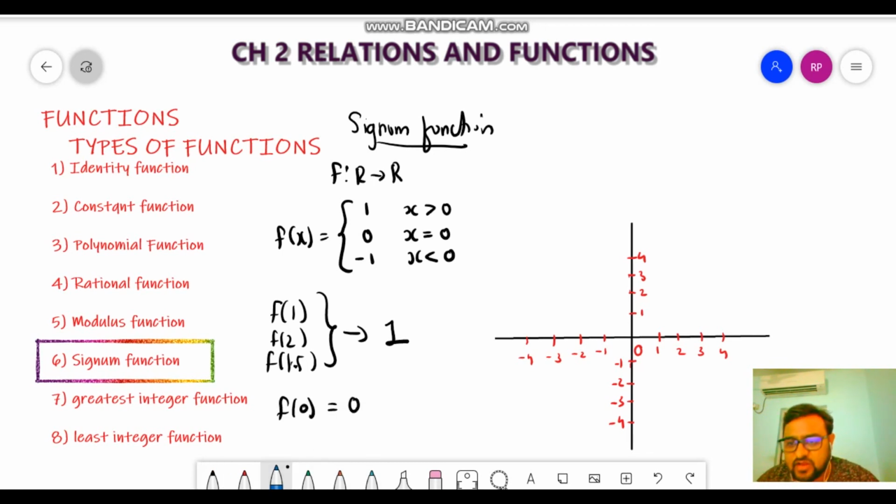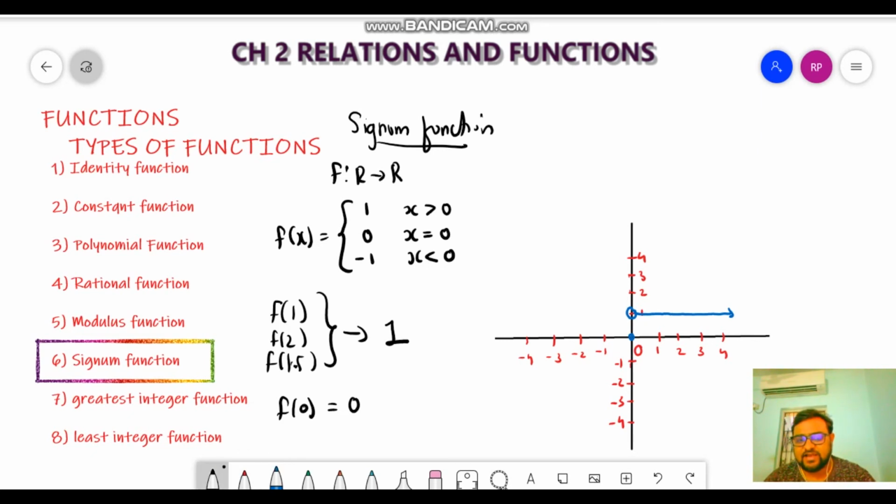When I draw a graph at 0, I don't need to take 1, so I'm drawing a hollow circle. Hollow circle means that point is not taken. That is the starting point, but that is not included. And if the number is greater than 0, the answer will always be 1. When f of 0, it is 0.